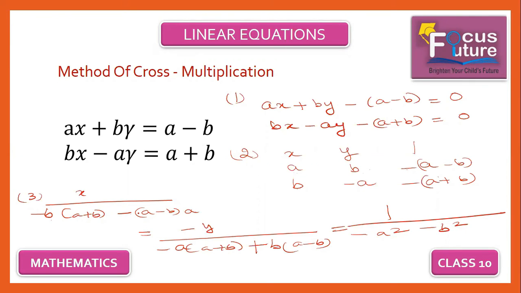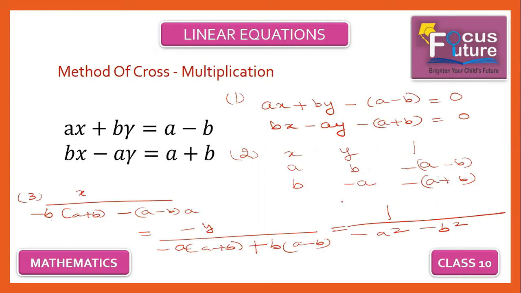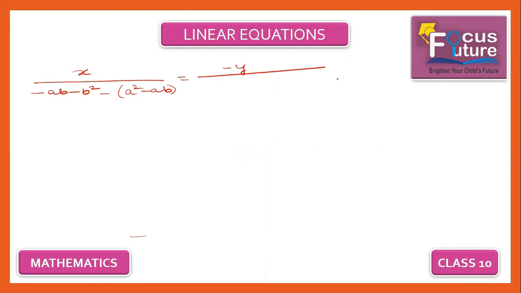So minus a square. So this would be minus a square minus a equal to minus y. Minus y divided by minus a into a is minus a square and minus a into b is minus ab. So this would be minus a square minus ab.